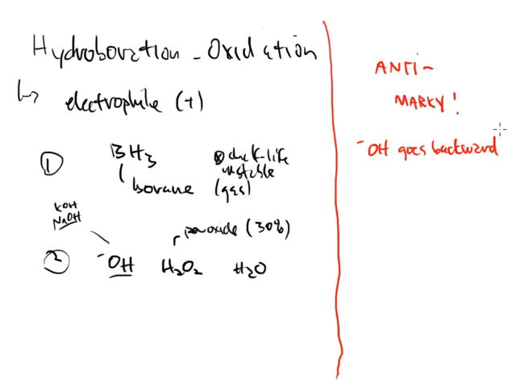Hydroboration oxidation puts it on backward. H's do not play with other H's. They go to the other carbon instead. And that frees up the other carbon that will end up getting the OH group. It violates Markovnikov's rule. That is why this one is so special.